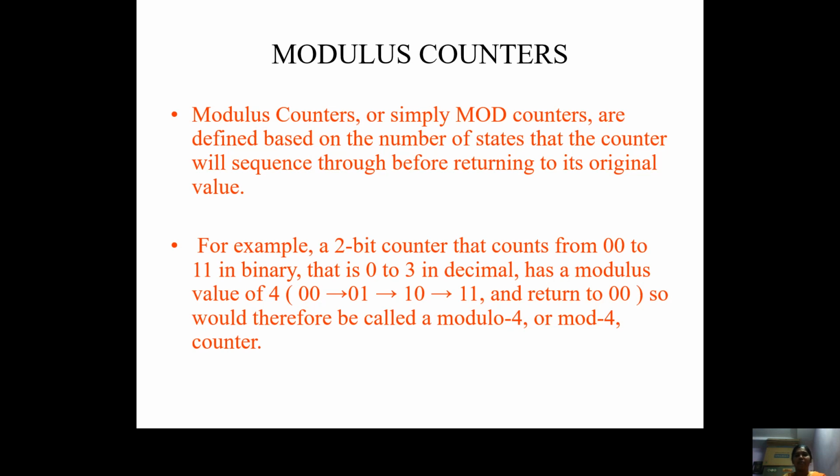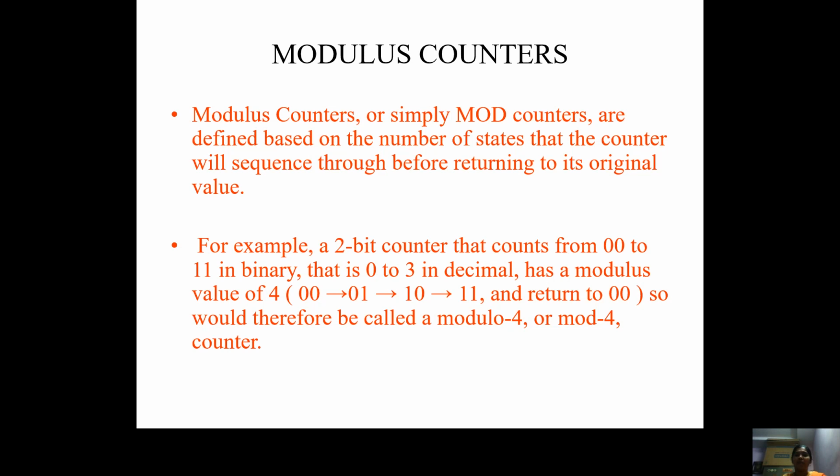For example, if we take a 2-bit counter, it will count from 0 to 3, that means 0 to 2 power n minus 1, so 0 to 2 squared minus 1, that means 0 to 3. So the counting value is 4.